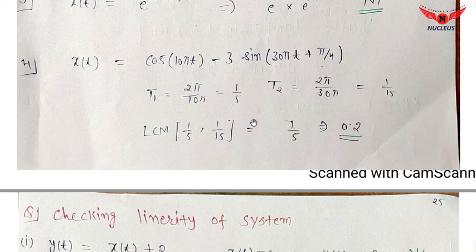To find the fundamental period of xt, take the LCM of T1 and T2. The LCM of 1 by 5 and 1 by 15 is 1 by 5. So the period of this xt is 1 by 5.